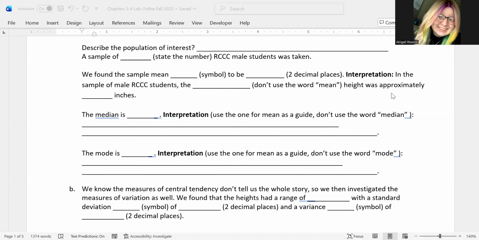Height was approximately the number we calculated. So we're not just ever going to flat out say this is the number without some sort of background context about where the number is coming from. And the same thing for your median and mode. You can use the mean's interpretation here as an example.